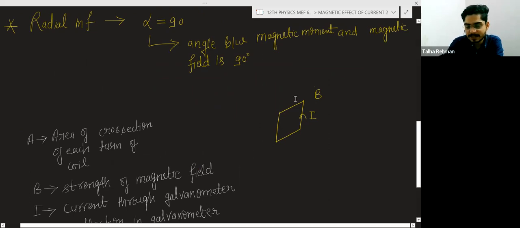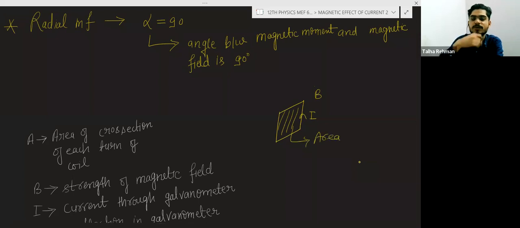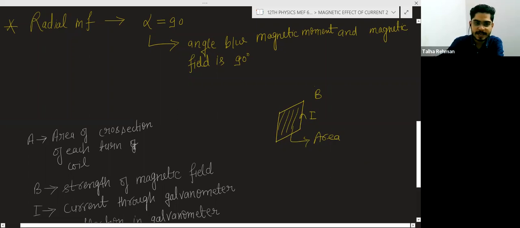This current carrying coil is placed in the magnetic field. There will be some area of this coil. So A is the capital A, the area of cross section of each turn of the coil.